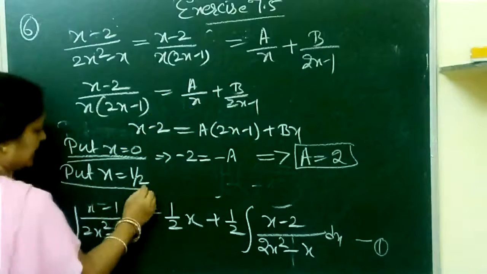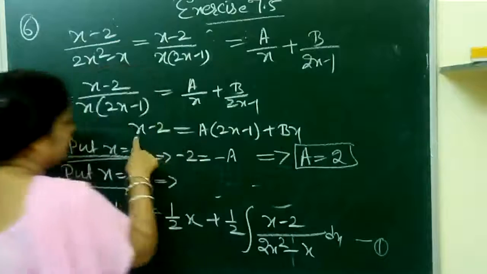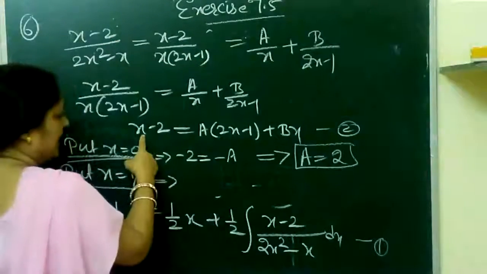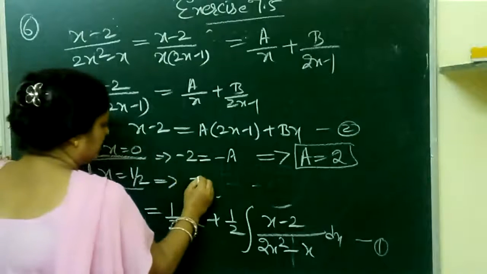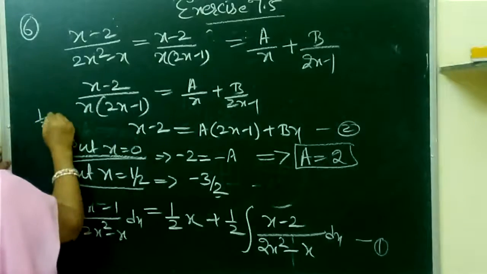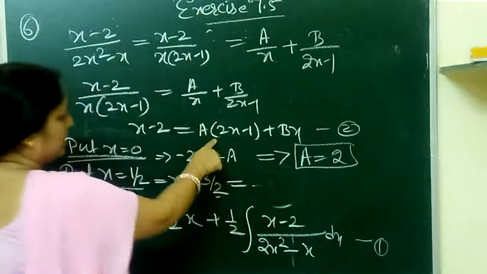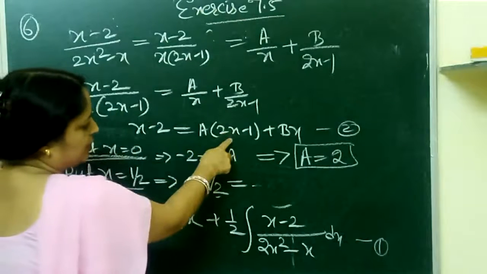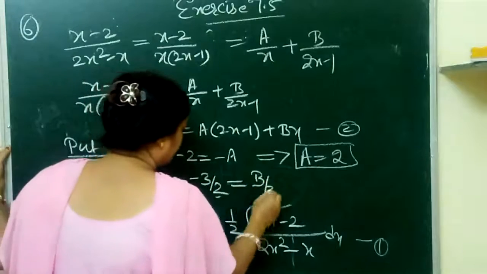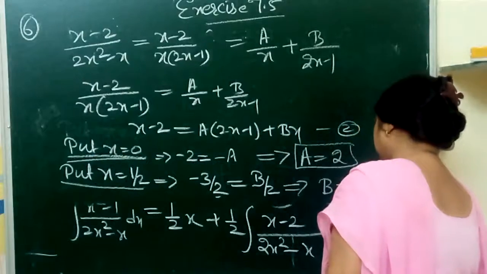When we put x equal to half in equation 2, it will come minus 3 by 2, because half minus 2 is minus 3 by 2, equal to, where 2 into half is 1, minus 1 is 0, and it will come b upon 2. So the value of b is coming minus 3.